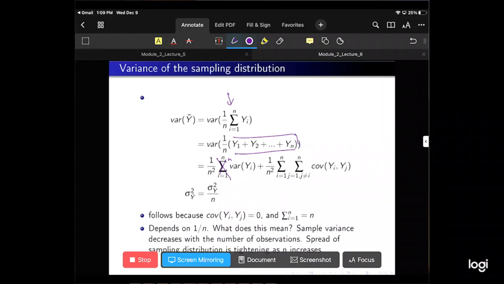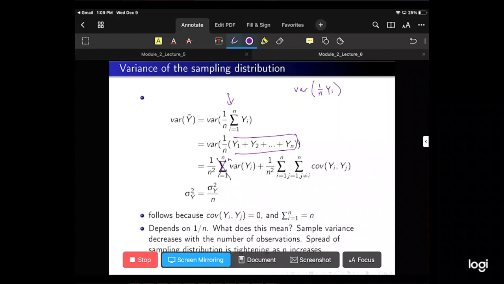I'm kind of skipping a couple of steps here, but I'm distributing the variance through as well, and I'm taking the 1 over n out. So let me just say, first of all, the variance of 1 over n times the sum of yi.